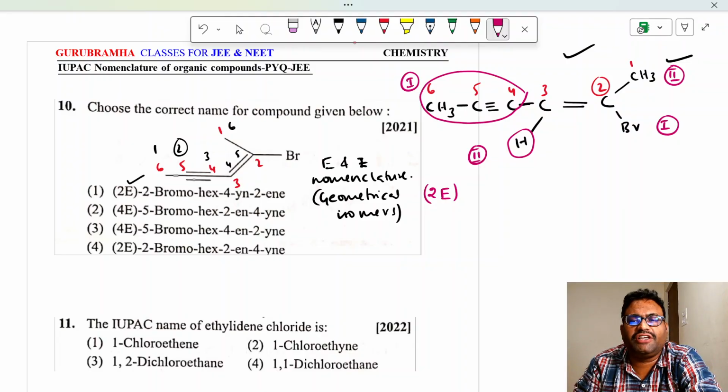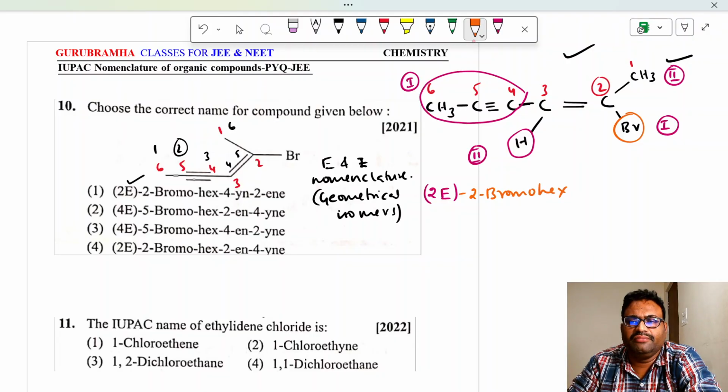So 2E. Then what are the substituents here? The substituent is what? Bromine. Bromine atom. Okay. So at the second carbon atom we have bromine, bromo. Okay. Then what is the parent chain? The parent chain contains how many carbon atoms? 6 carbon atoms.